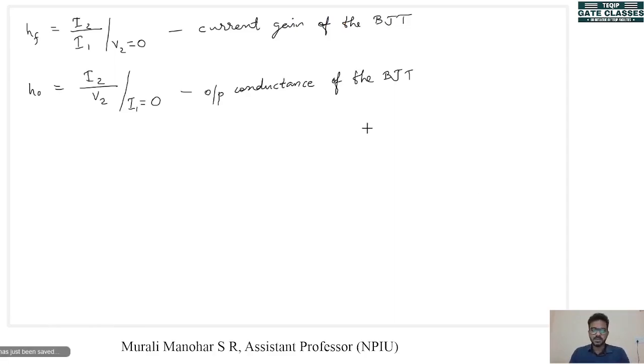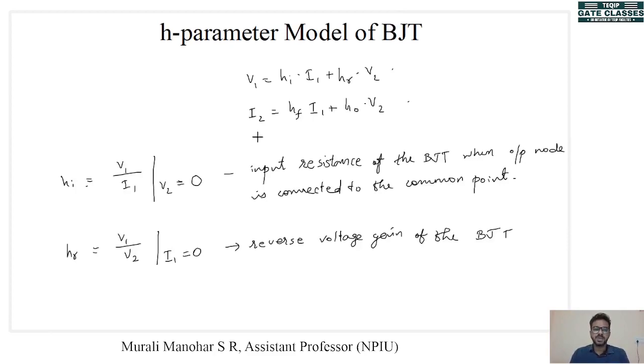If we look at the equation, we can arrive at an equivalent circuit for these parameters. At the input we have V1 equal to HI into I1 plus HR into V2. That means HI into I1 must be a voltage drop so that it can be equated to V1, and HR must be a gain that we already know, it is the reverse voltage gain of the BJT.